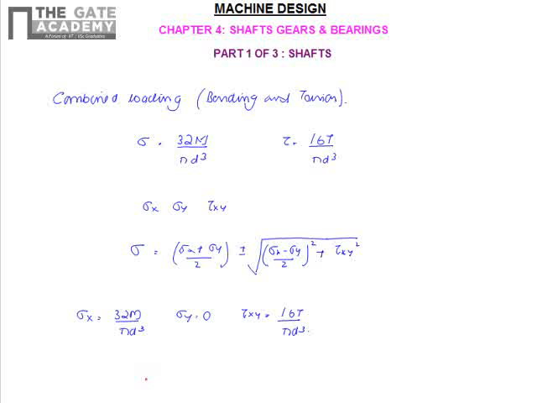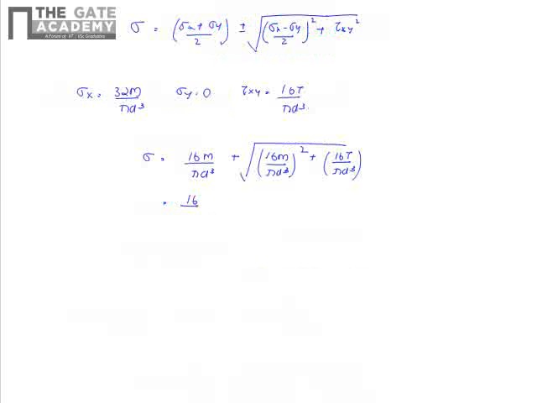Substituting these relations, we get sigma is equal to 16 M by pi d cube plus square root of 16 M by pi d cube whole square plus 16 T by pi d cube whole square. Now this can be written as 16 by pi d cube into M plus square root of M square plus T square.